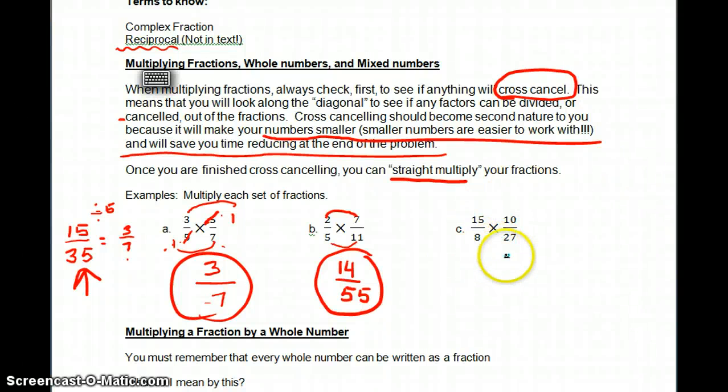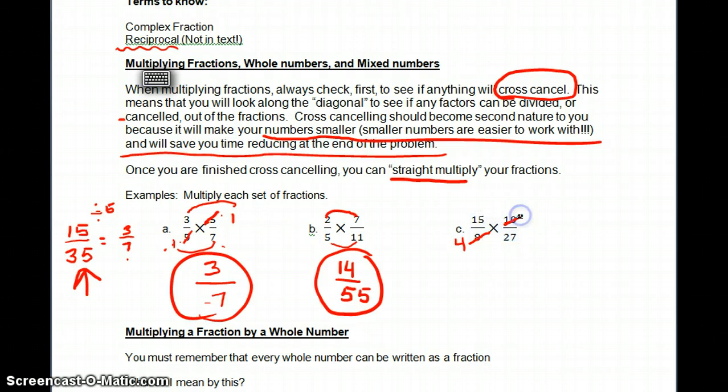Now in letter C, when we look on our diagonals, and let's start with 8 and 10, there is canceling that can be done here because we can divide out a 2 from both 8 and 10. So if I do 8 divided by 2, that 8 will become a 4.